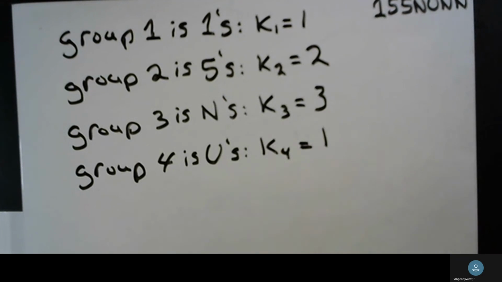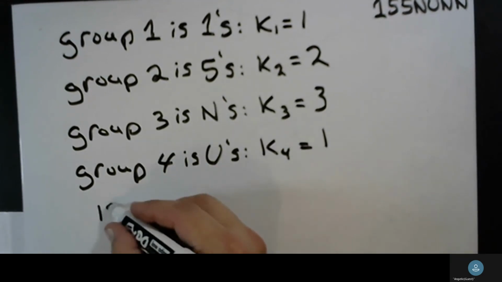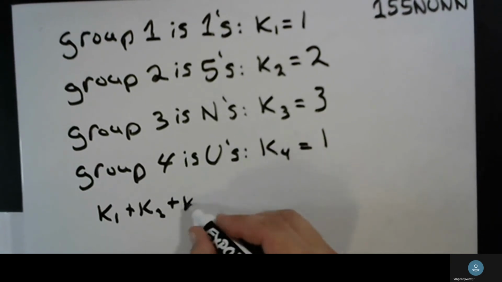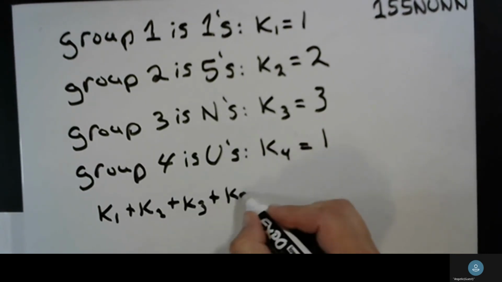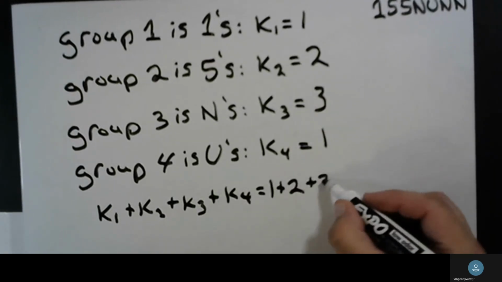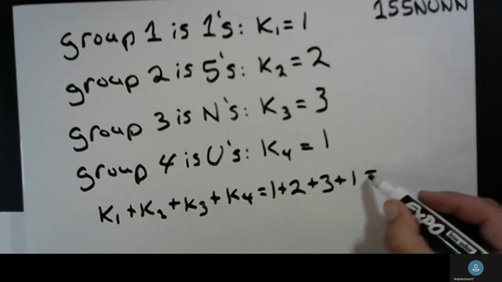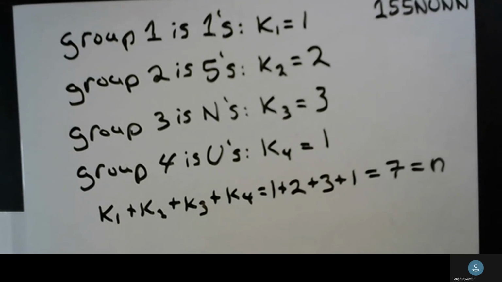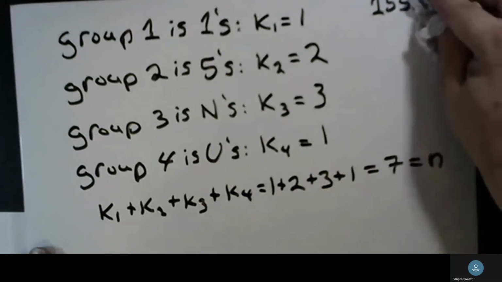Now the total, you need N, so K1 plus K2 plus K3 plus K4, 1 plus 2 plus 3 plus 1, it's going to be 7 that equals N. So now we've got our K's, we have our N. Now we can compute the formula.